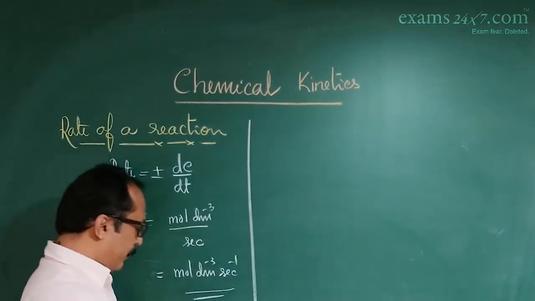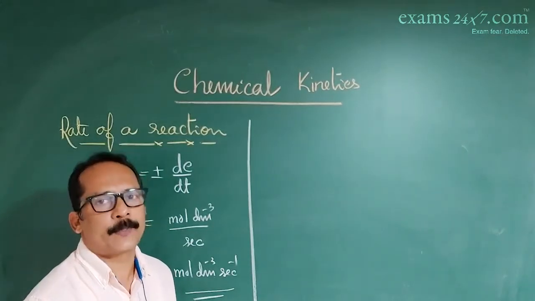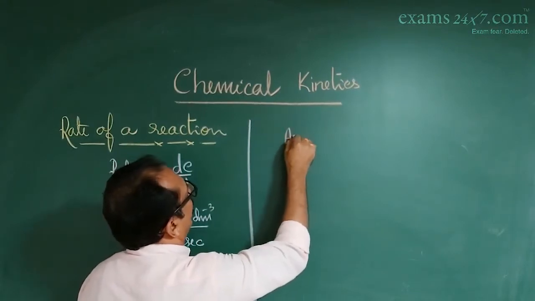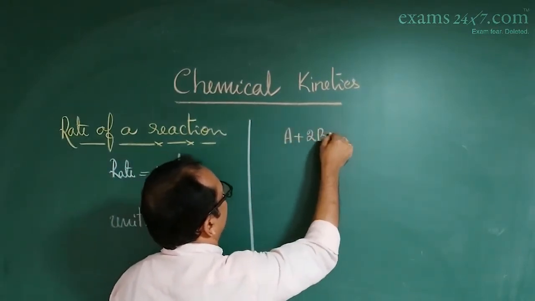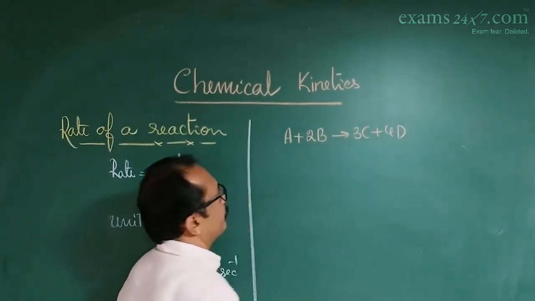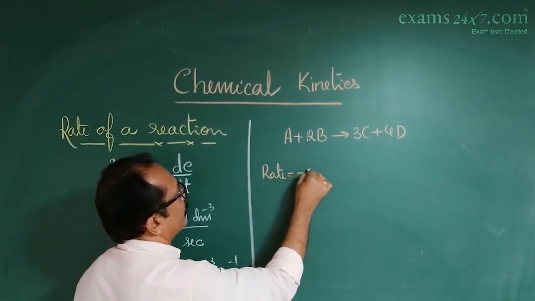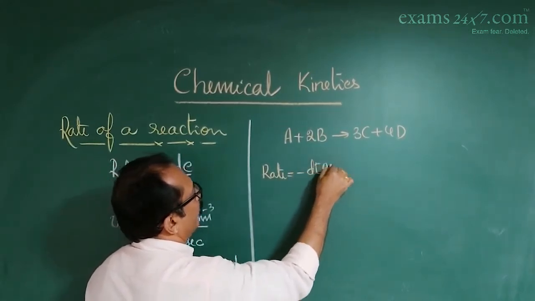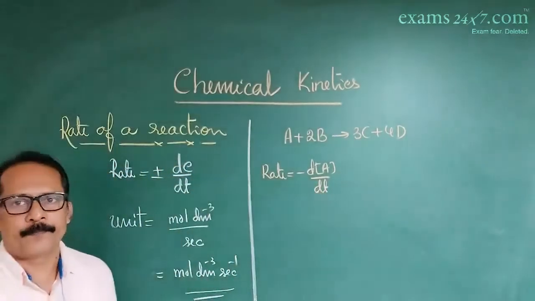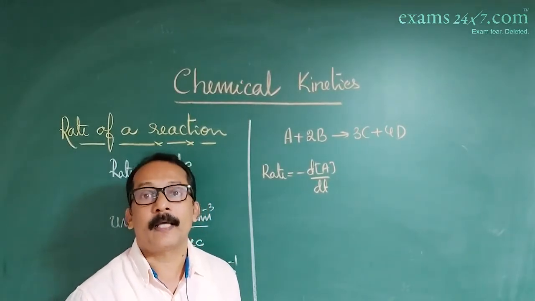So the representation of rate for a given reaction using all the constituents. For example, consider A plus 2B giving 3C plus 4D. Rate of the reaction is minus the change in molar concentration of reactant A. The negative sign indicates that the concentration of reactant decreases, disappearance of reactant.